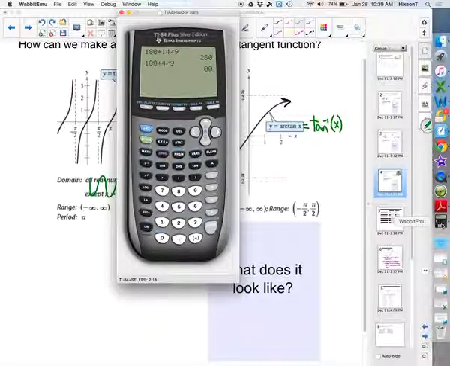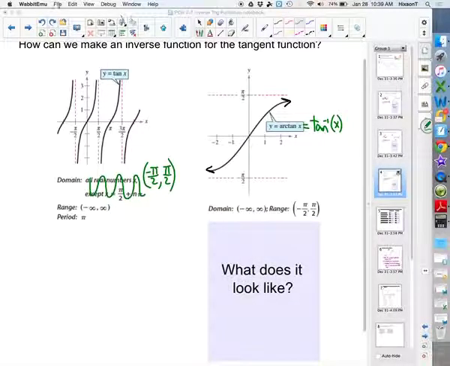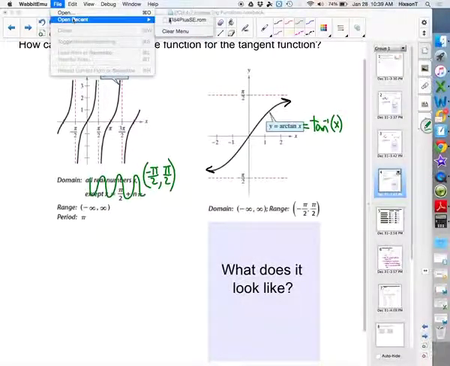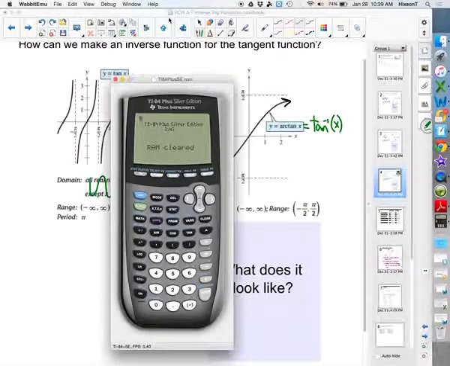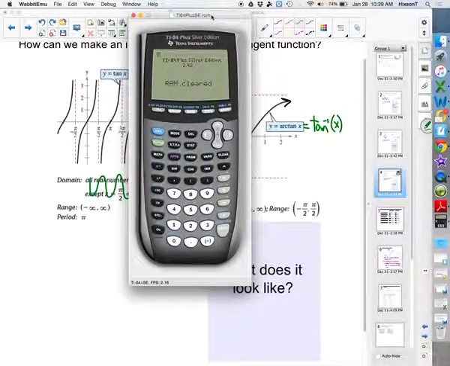And you'll see the little sine -1 above the sine button. Okay? You need to hit that, second sine. You need to hit second sine if you're using sine.